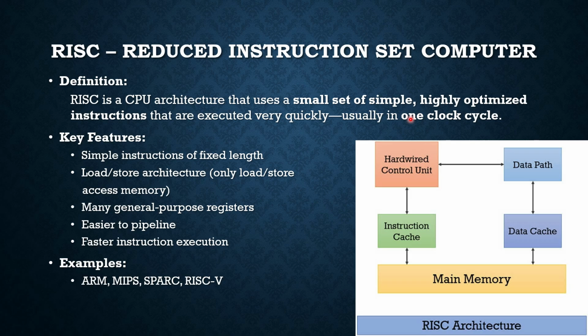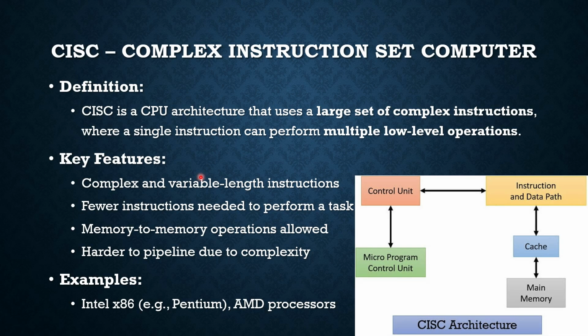Coming to CISC, Complex Instruction Set Computer. CISC is a CPU architecture just the same as RISC. The only difference is that it has a larger set of complex instructions, where a single instruction can perform multiple low-level operations.